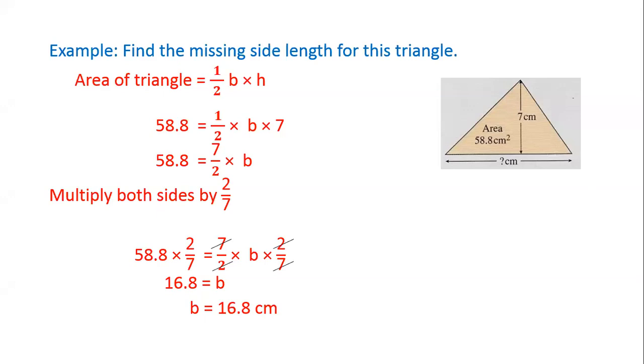Here we've got the area is 58.8, and what is unknown is the base. So as we always do, we leave the unknown and continue with the known.